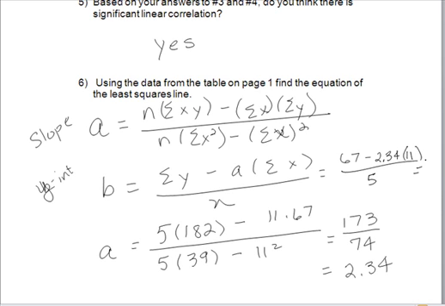I'm getting 41.28 when I do it with the more exact number, minus 2.34 times 11, 41.26.